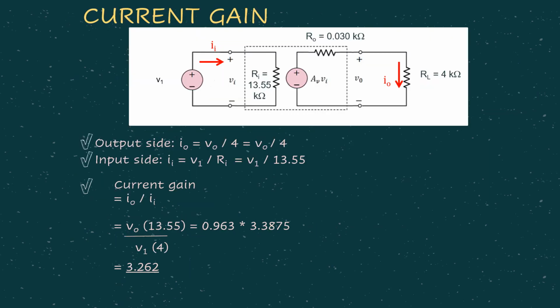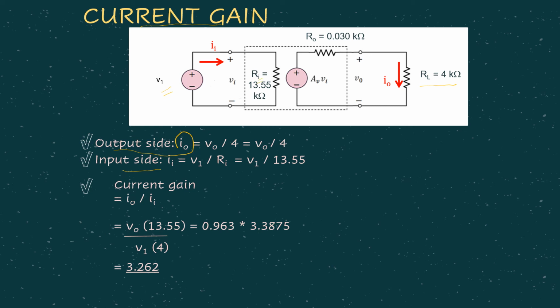As mentioned before, it's not a good voltage amplifier because the gain is close to 0.963. So let's see if the common collector amplifier is a good current amplifier. We want to know what the current gain should be. For the output side, we consider I0. In this case, I0 is V0 over RL, V0 over 4. For the input side, Ii, the input current, equals V1 over Ri.